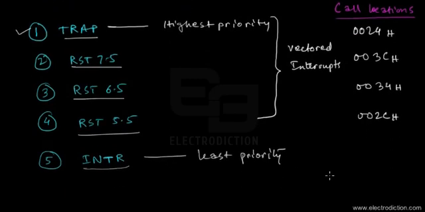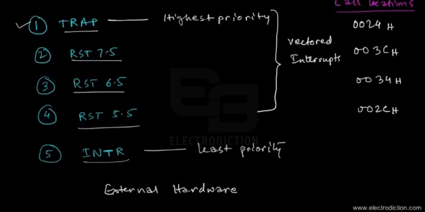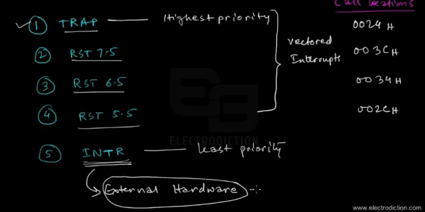Well, this is not the case with INTR. You need to design an external hardware circuitry in order to transfer the program control to the required memory location upon receiving an interrupt request on the INTR pin. So you need to configure an external hardware to enable program control transfer.